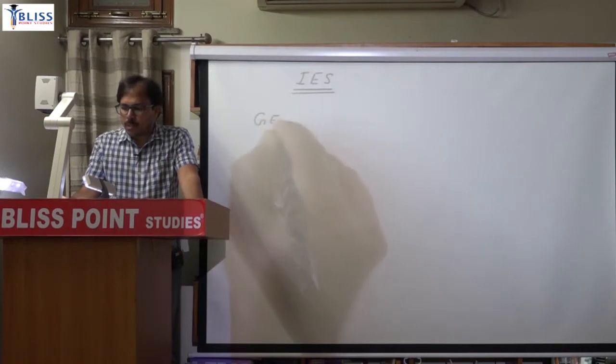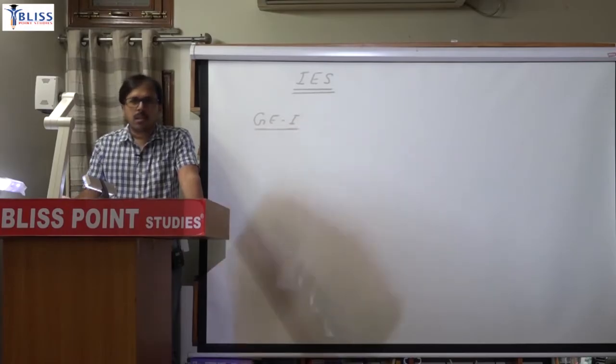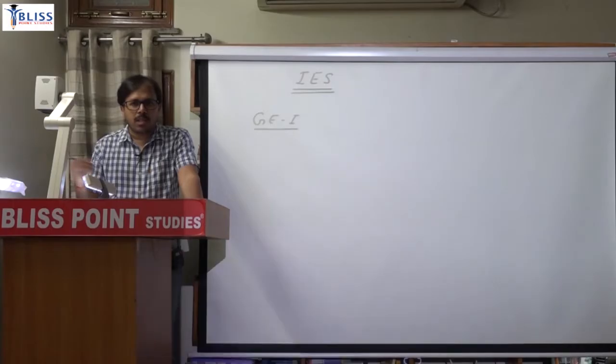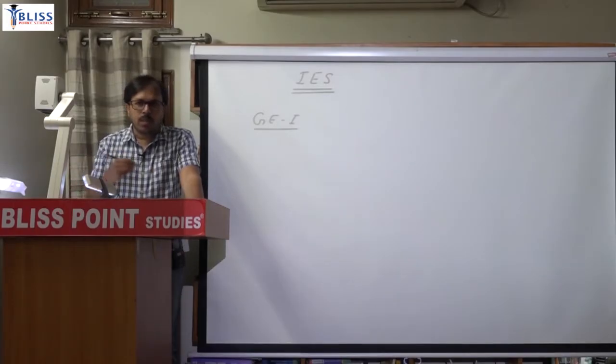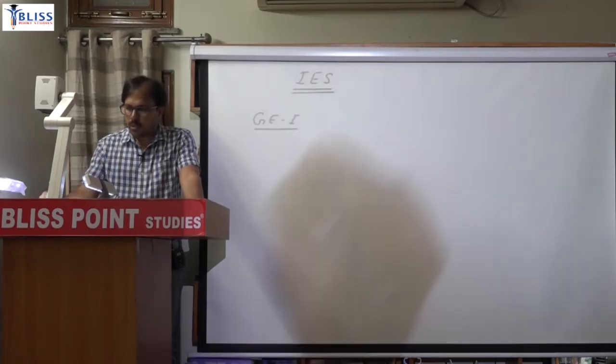So the pattern of examination is: your General Economics 1 paper mainly contains two things: micro and its numerical problems, and the second part is mainly econometrics, maths and stats. So you can divide General Economics 1 into two parts: micro-related topics, and the mathematical side.